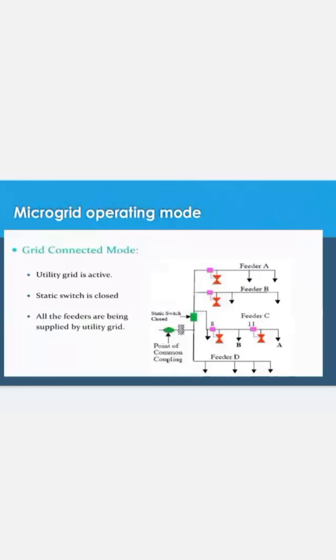In this mode, the utility grid is active. In this mode, frequency and voltage regulation is handled by the host, that is the main grid, and the point of common coupling is active.